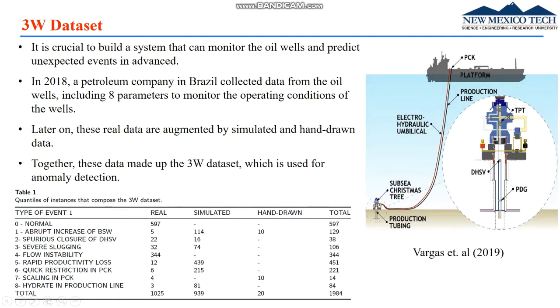Together, this dataset is called the 3W dataset. This dataset is used by many researchers to build machine learning models for anomaly detection.